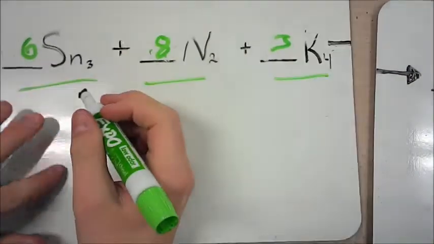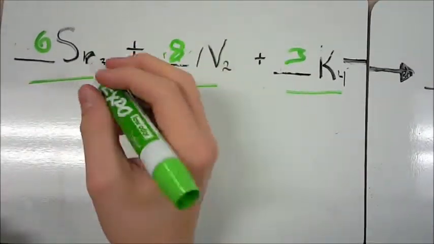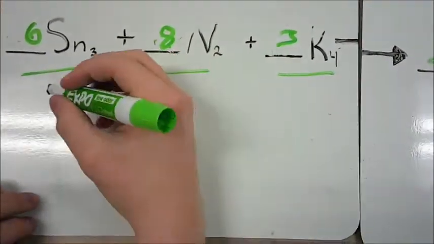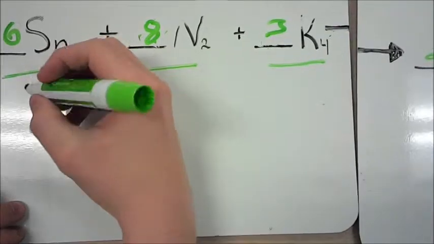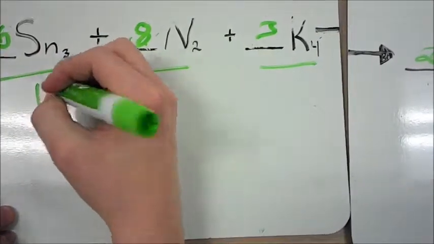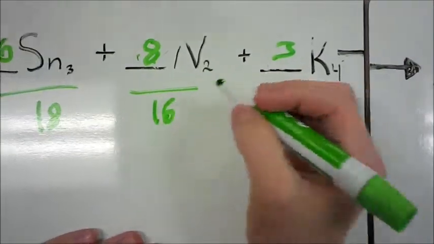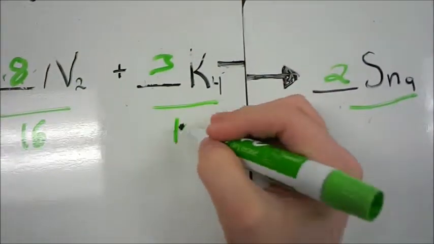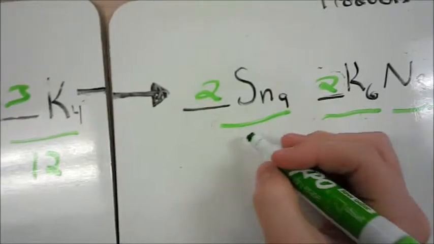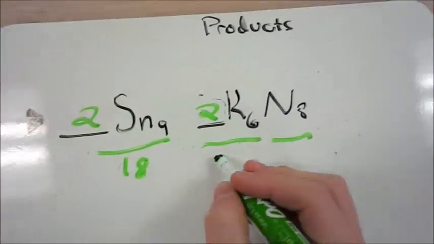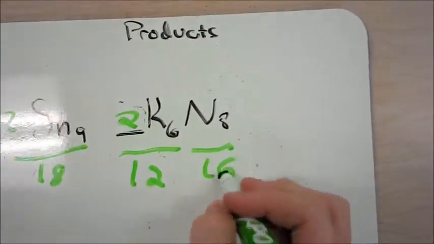Okay, so now we have 6 SN3 atoms, which is going to be 18. Right here we're going to have 16 because we have 2 8s. Right here we're going to have 12. Right here we're going to have 18. Right here we're going to have 12 and 16.